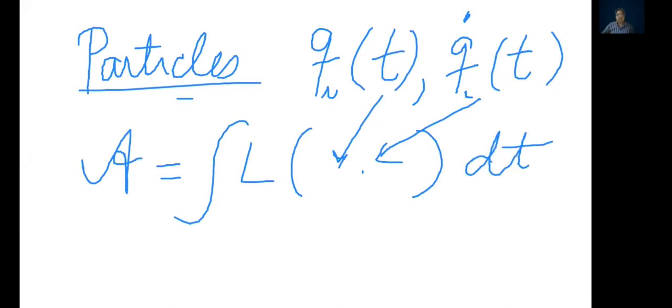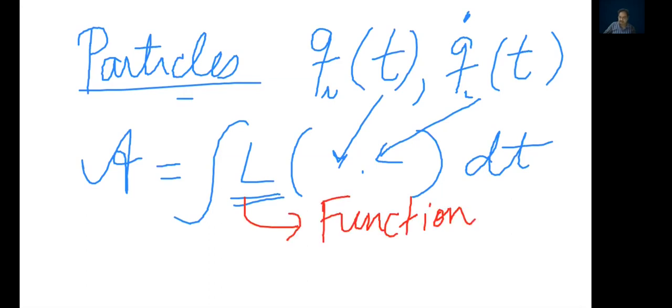So in this case, Lagrangian is a function of the functions q_i, which is a function of time, and q dot i, which is a generalized velocity, again a function of time. It means this Lagrangian is a function of functions, and therefore it is called a functional.